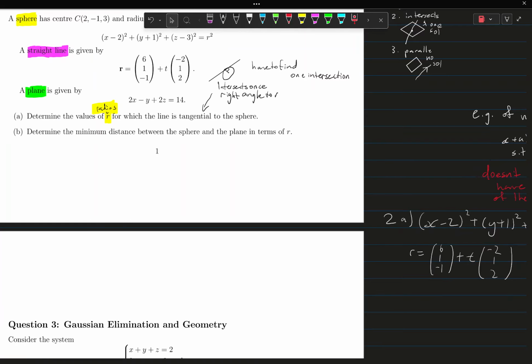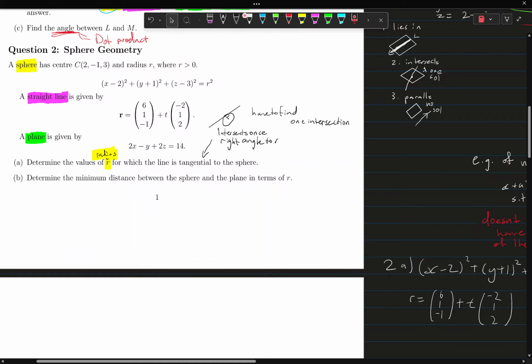What we have to do is find the values of r for which the line is tangential to the sphere. And we're given that r is greater than 0, so that likely implies it's related to a square root of some kind, and that we have to eliminate the negative option from the plus minus.